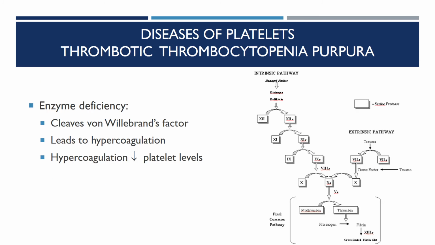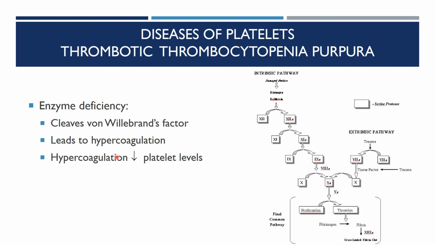All right, on this condition, we're going to see it is called thrombotic thrombocytopenia purpura. This condition is going to originate from an enzyme deficiency. The enzyme that is being improperly produced here is responsible for cleaving von Willebrand factor. Remember that the von Willebrand factor was attaching the various platelets.